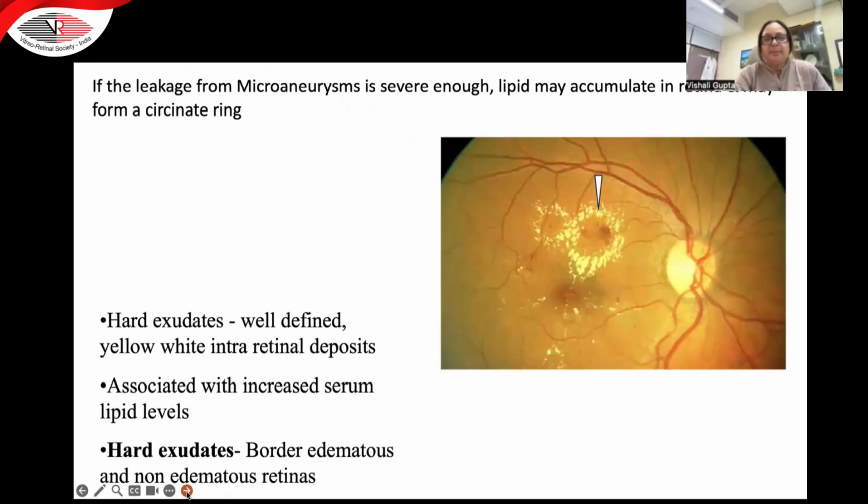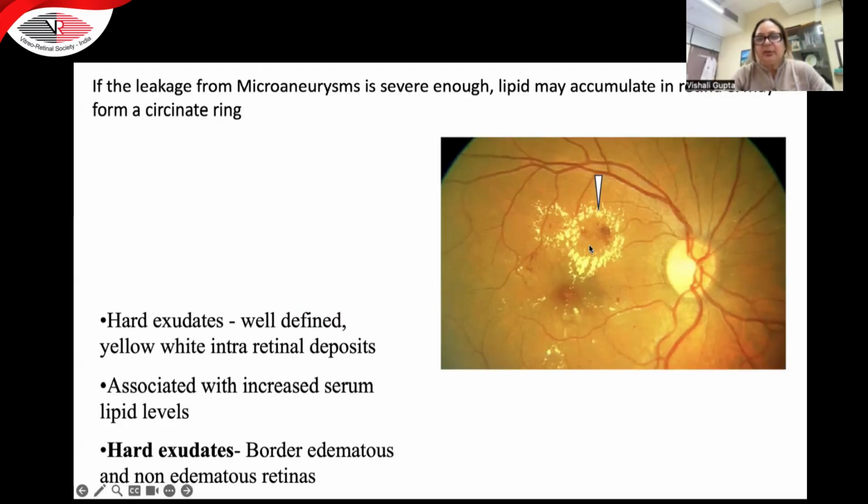So let's see what happens. These are the microaneurysms, as you can see in the center of the ring. When these microaneurysms leak, they produce edema.